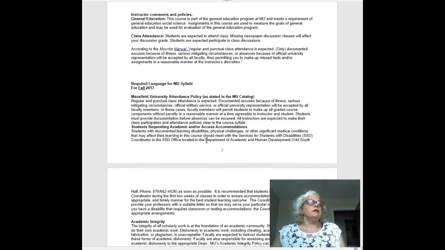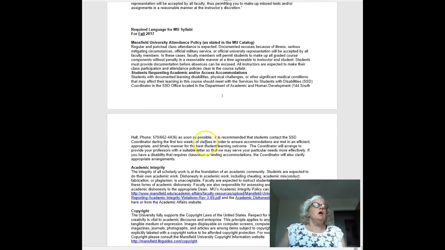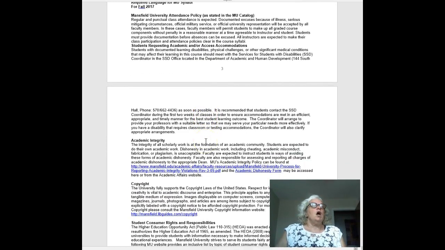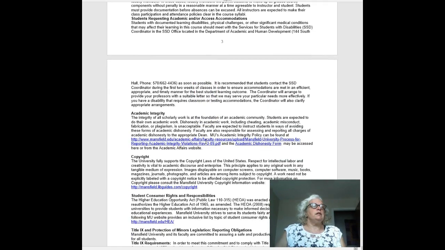For every syllabus on campus, there is a required language which covers a number of things, including attendance policy and academic integrity. For this class, you are required to do your own work. You are required to do original work for this course.